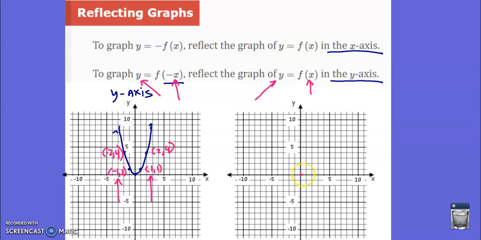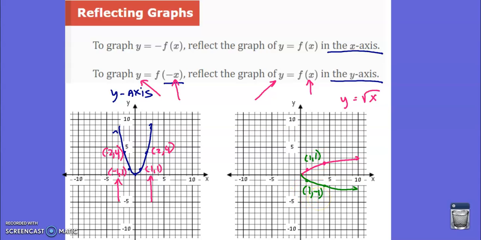So let's talk about the square root of x, that function that we just graphed. So if we reflect that on the x-axis, notice this point is the point 1, 1, and this point is the point 1, negative 1.